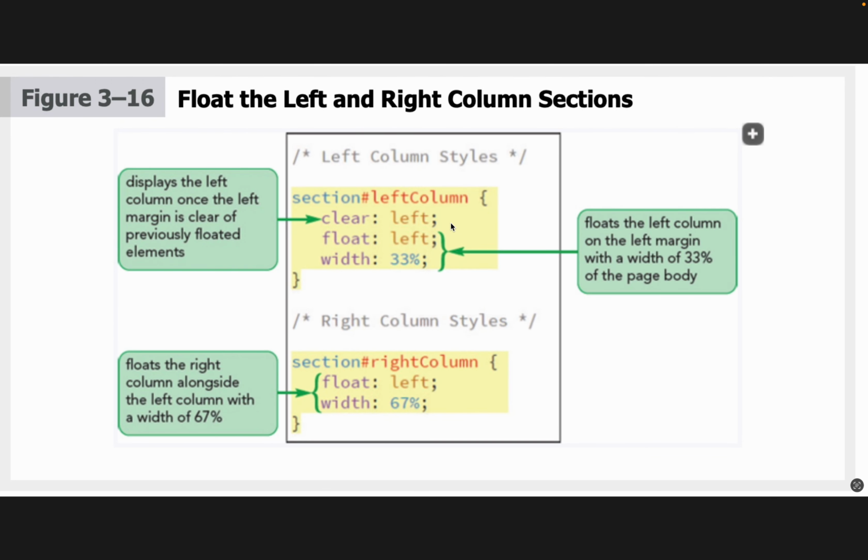Now, what we are doing here is organizing the left columns. It's going to be clear left, which tells the website that the images cannot be overriding other images, so it will just move to the other side.